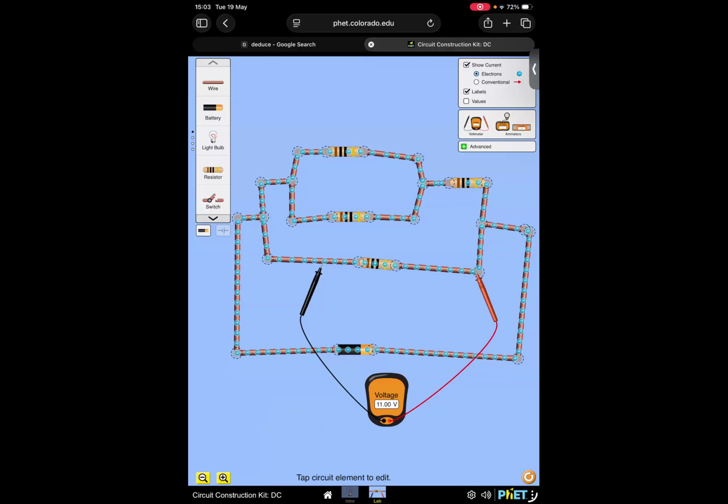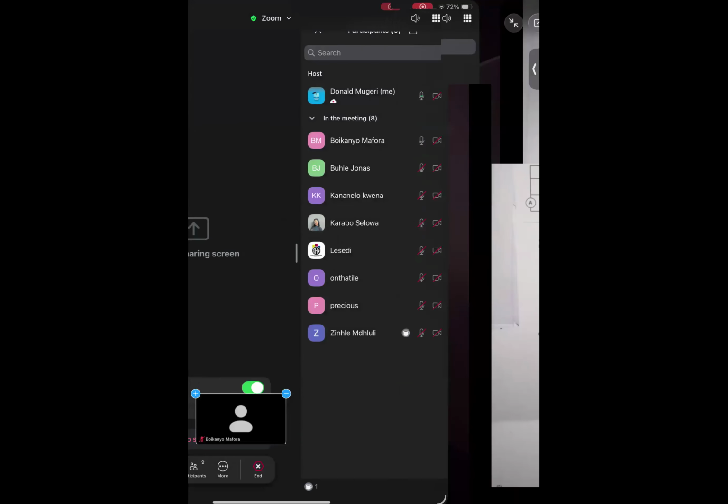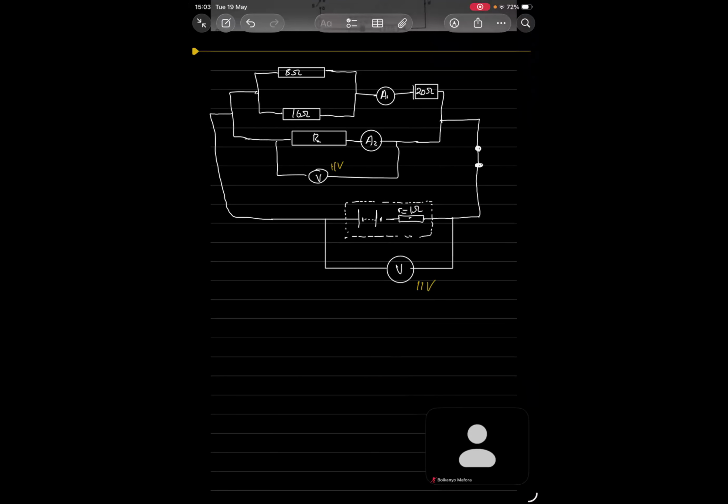Do you see that? So it means across this is going to be 11 volts. But now here's my question. What's going to be the voltage across V3? Or let me just say V there. What's going to be the reading across that V?